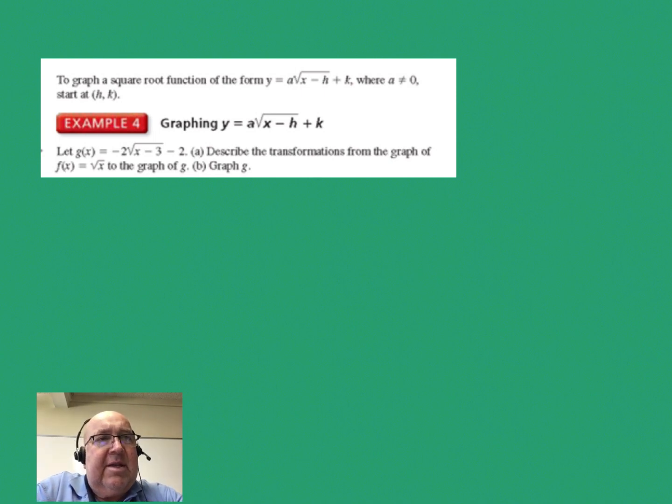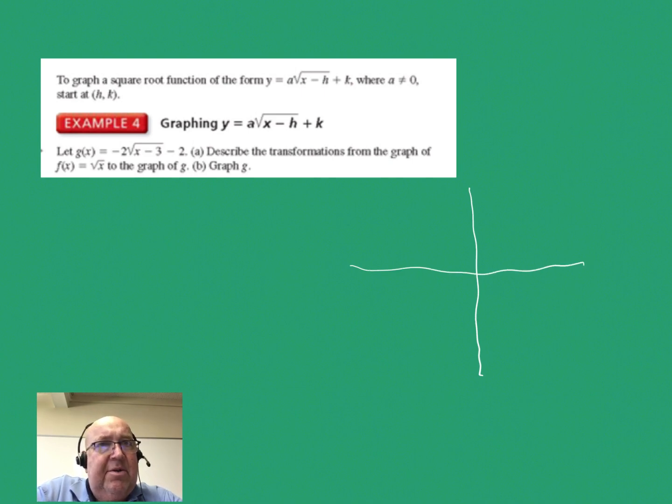So if we look at this graph, it's going to move 3 units to the right, and it's going to go down 2 units, and it's got a factor of negative 2, so it's going to go down like this and be stretched up a little bit higher. And that's how you get there. Here is the original square root function.